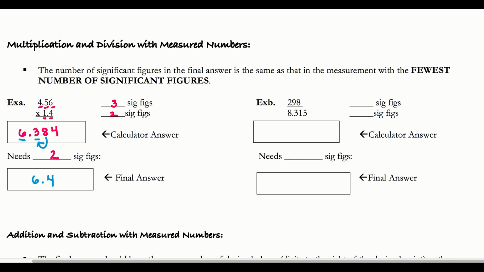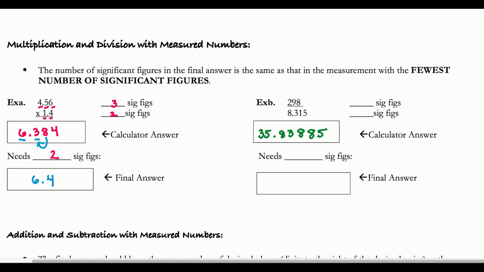Let's look at another example. 298 divided by 8.315. So I plug that into my calculator, and the unrounded answer I get, rounding a little bit in the interest of time, is 35.83885.